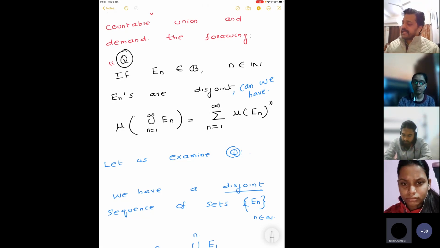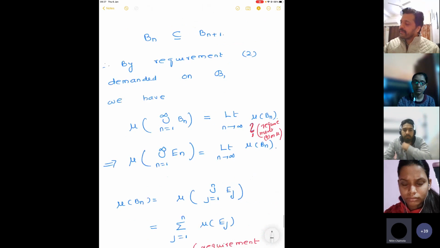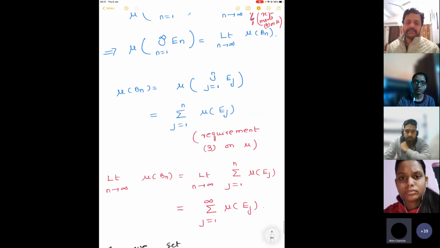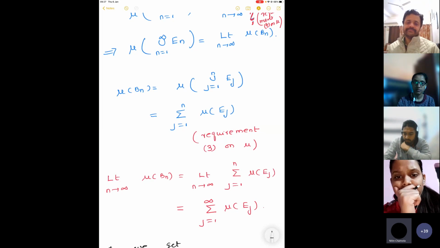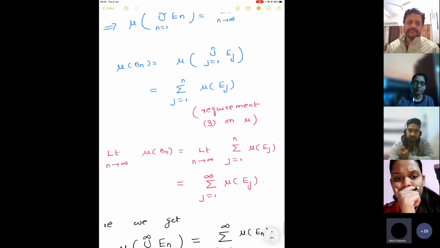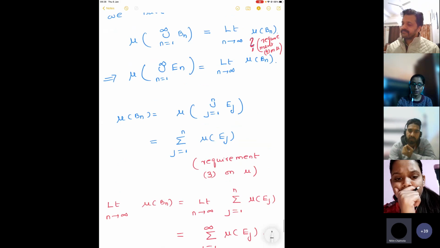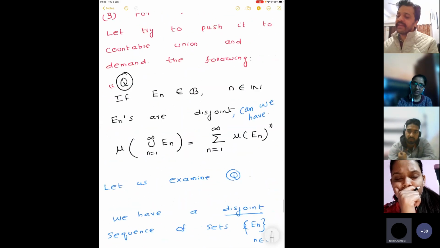Requirements 3 and 4 on mu will automatically give me requirement Q, that I have defined as Q. Are you with me?